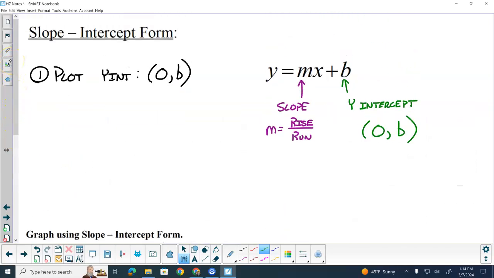Now, Michelle, where in y equals mx plus b, just so we don't keep answering this question and people give me the wrong answer, I want everybody to be on the same page. Where in y equals mx plus b, in relationship to the x, is the b always found?